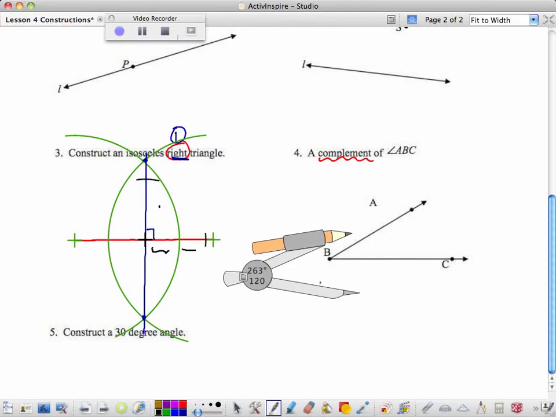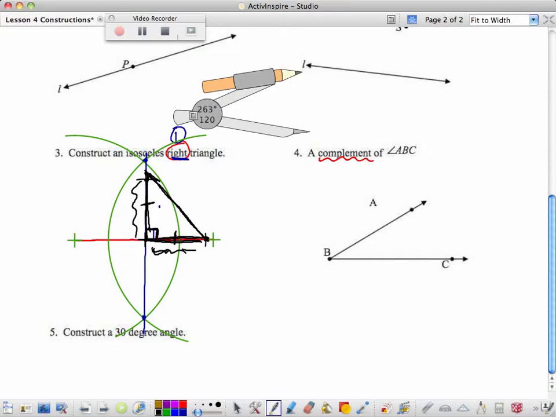If you take your ruler and connect from end point to end point here, then this right here is my isosceles right triangle. I made sure this distance was the same, and this distance was the same. Here's my right angle, so this black triangle is an isosceles right triangle. Done.